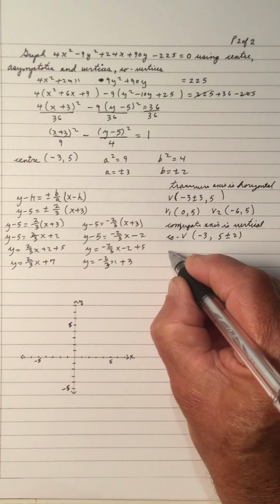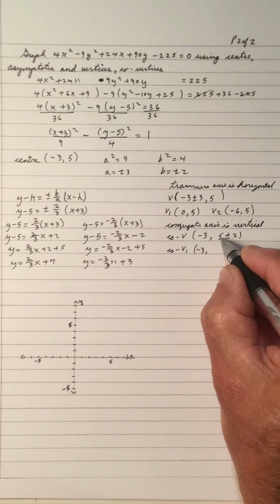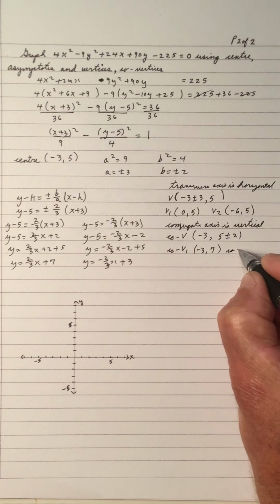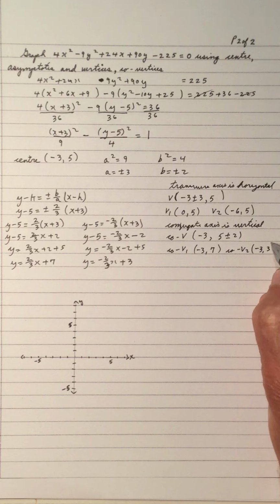So we got co-vertex 1 is negative 3, 5 plus 2 is 7, and co-vertex 2 is negative 3, 5 minus 2 is 3. So we have all the information.